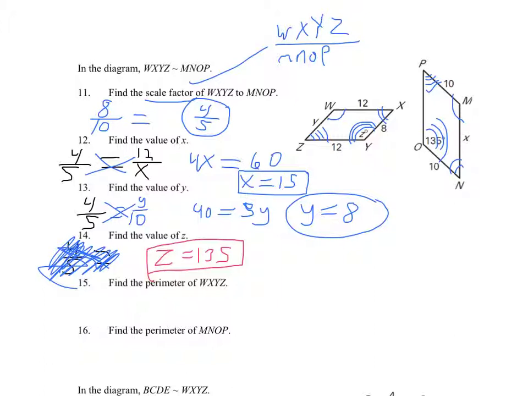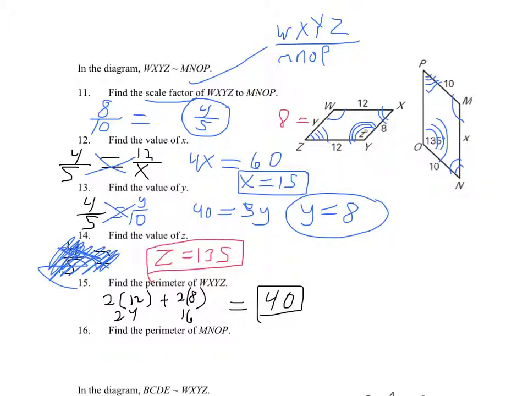Alright, find the perimeter of WXYZ. Well, now that I know that y equals 8, I can simply just add up all of the sides, right? You can, or if you want to use the official formula, 2 times 12 plus 2 times 8. So that's 24 and 16, so 40 is the perimeter.